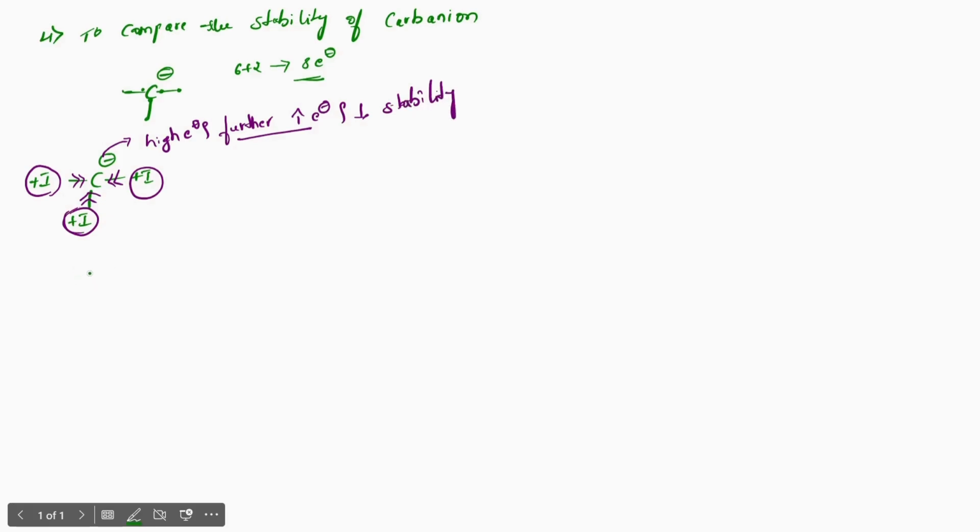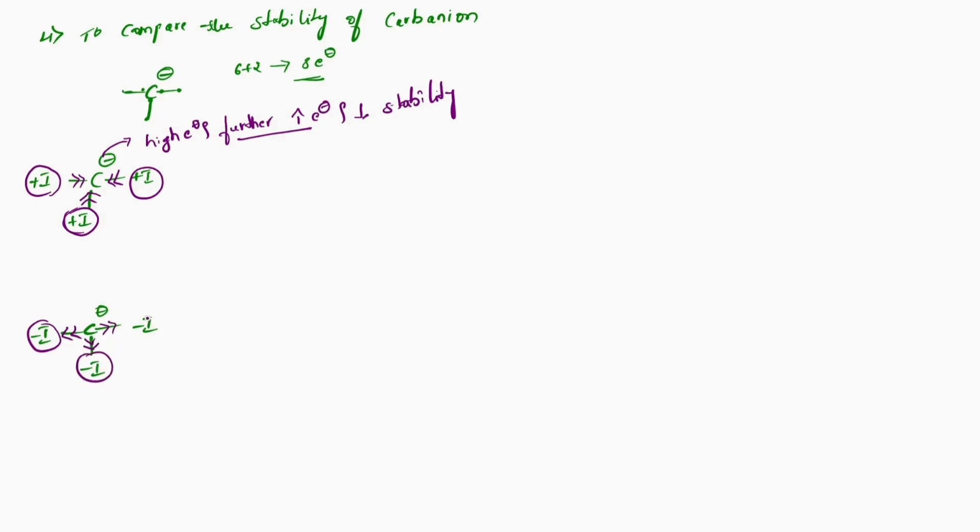Okay, let us see what if negative inductive groups are attached to carbanion. When negative inductive groups are attached to carbanion, these negative inductive groups are going to withdraw the electrons from the carbanion.